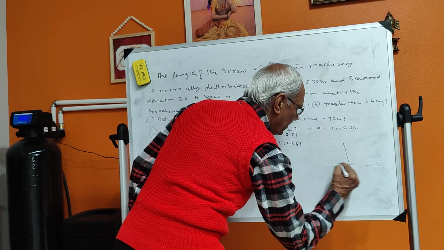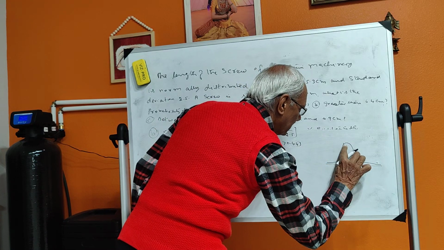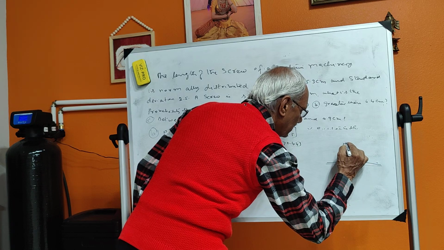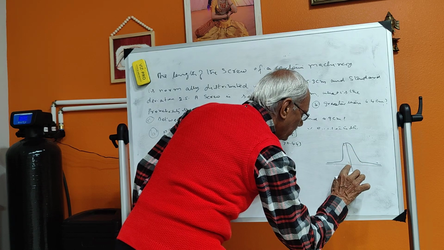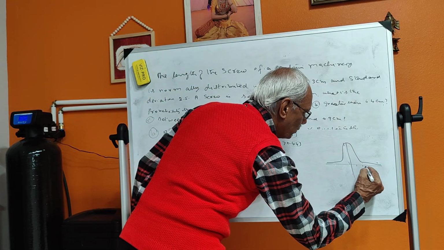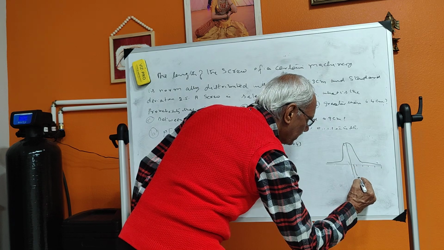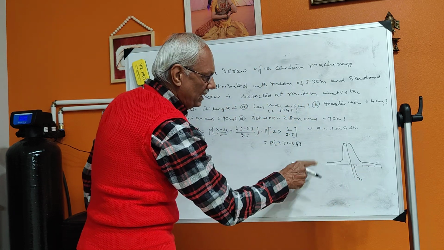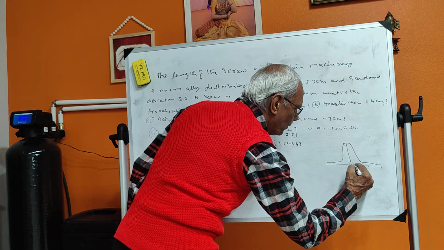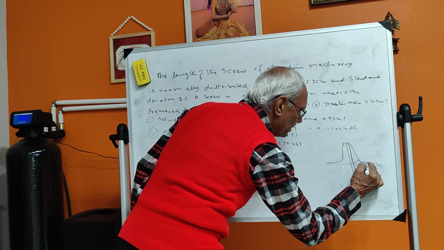So you will find that this is like this. And here 0.4 will be, 1 will be here, 2, 3, 4, 5 like this. 0.4 will be here. And you want values all greater than 0.4. So this is the area.